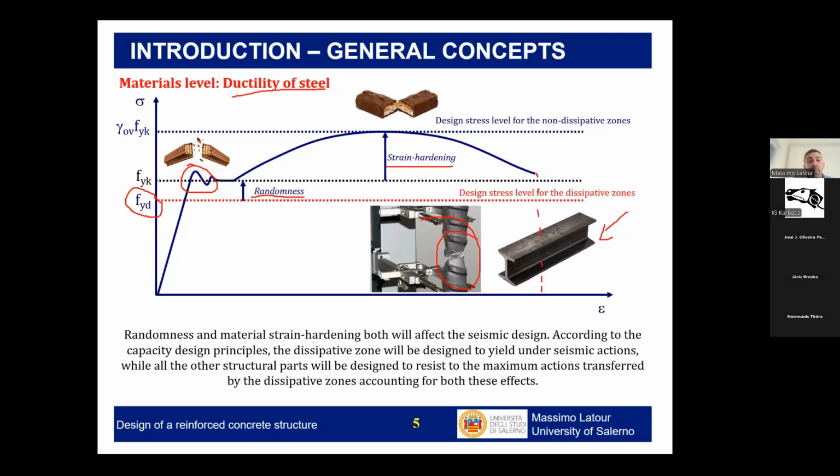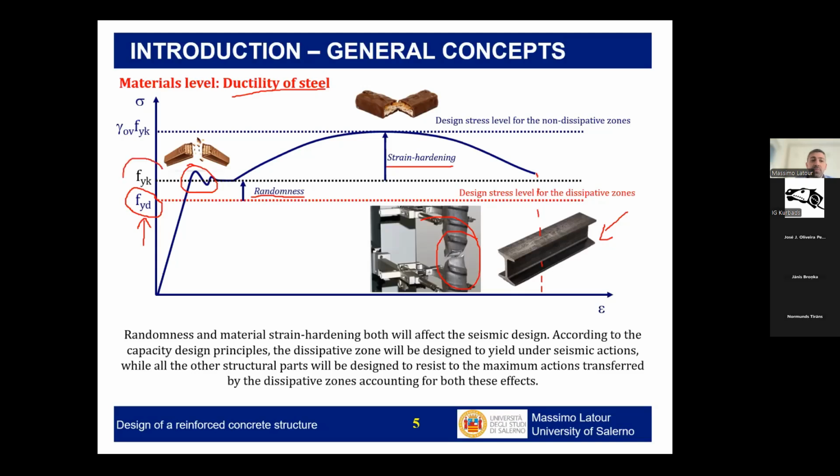But if a part of the structure has to undergo some plastic engagement, because this is what I want, this is desired in a seismic situation, I have to consider that the real resistance of the material will not be the design value, which is reduced by some safety factor.